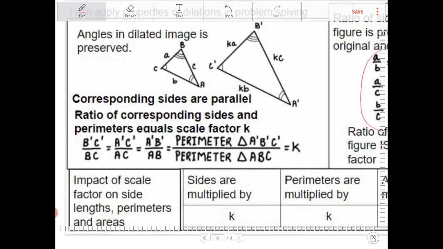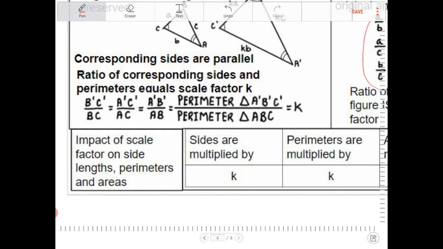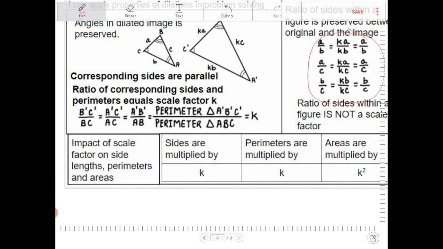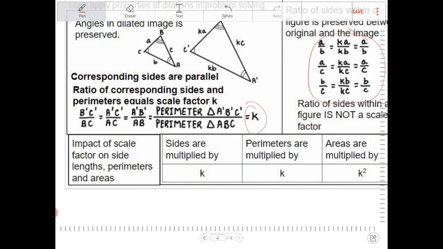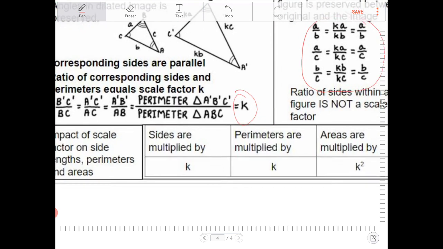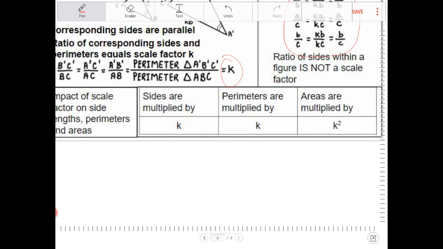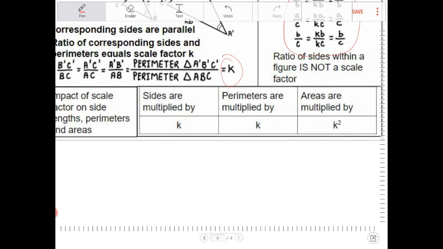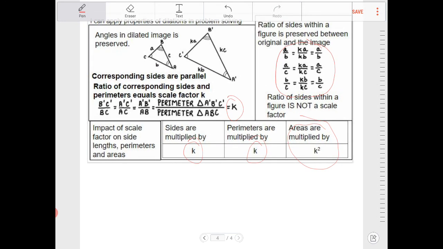If you compare side lengths in corresponding similar triangles, they will equal the scale factor. If you take two figures and dilate them, the side lengths will be multiplied by k, the perimeter will be multiplied by k, but the area will be multiplied by a factor of k squared. So this is the summary of everything that we've talked about in this exercise.